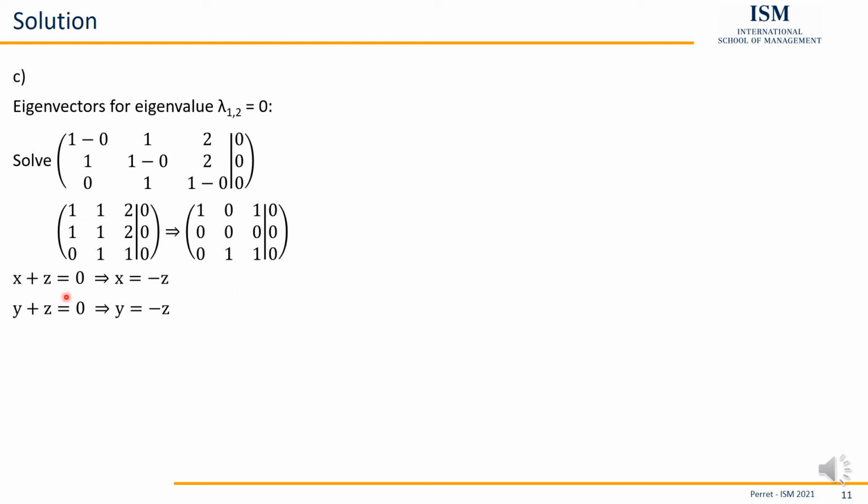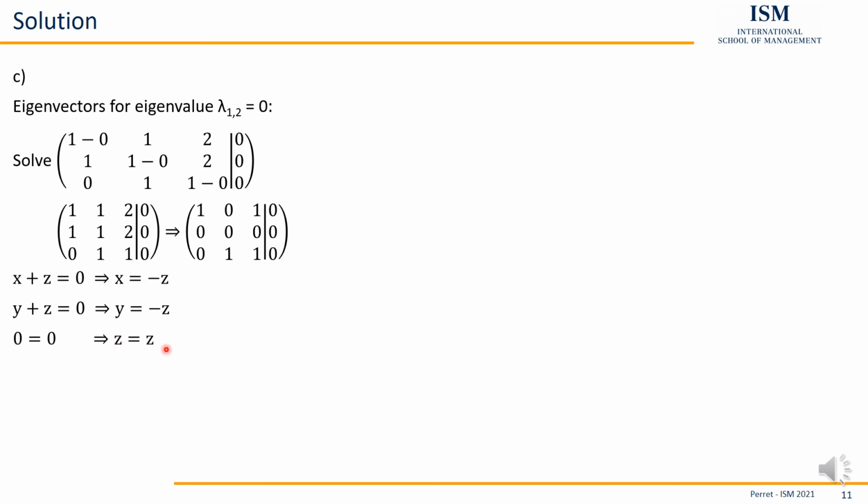The third row is y plus z equal to 0. So here we can also write the y in dependence of the z as minus z. Then we need to select one additional variable freely, because we only have one row with only zeros here. So let's select z freely.